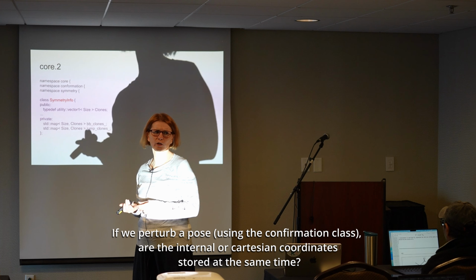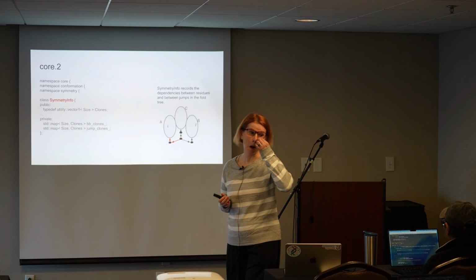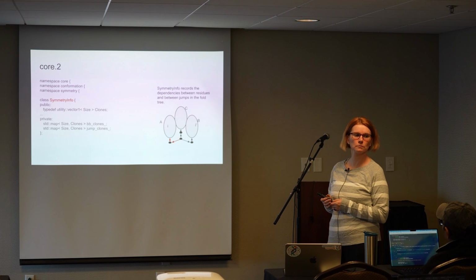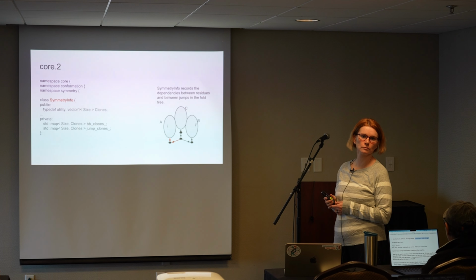I don't know whether it stores both the internal coordinates and the Cartesian coordinates, and that's really the main job of the conformation class, to keep those two systems in check or coordinated with each other. It has information about which state is the most up to date, and then automatically, when you try to access an internal coordinate, it'll update everything and recalculate if it needs to.